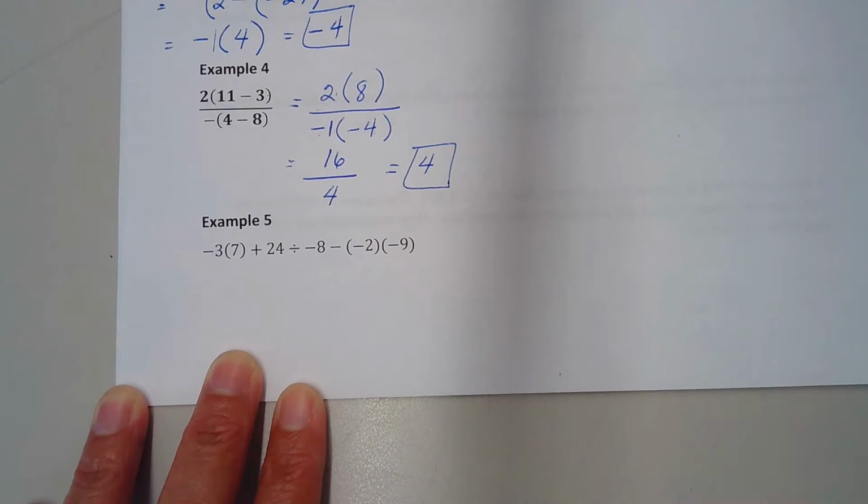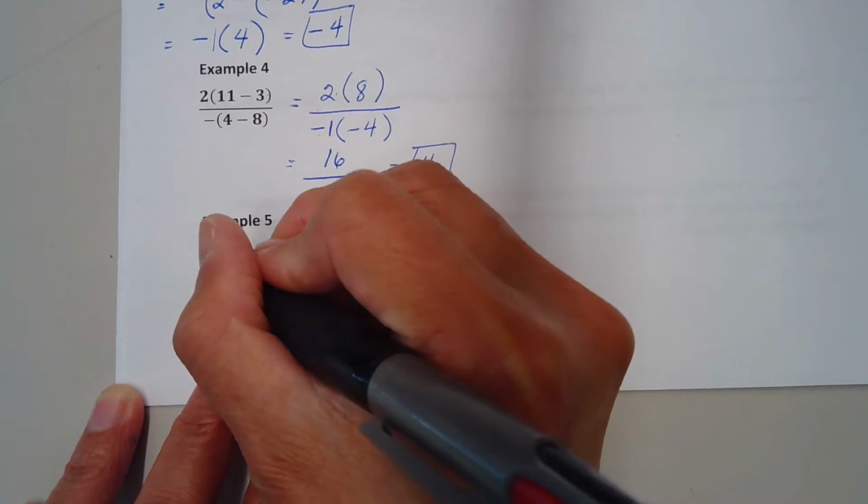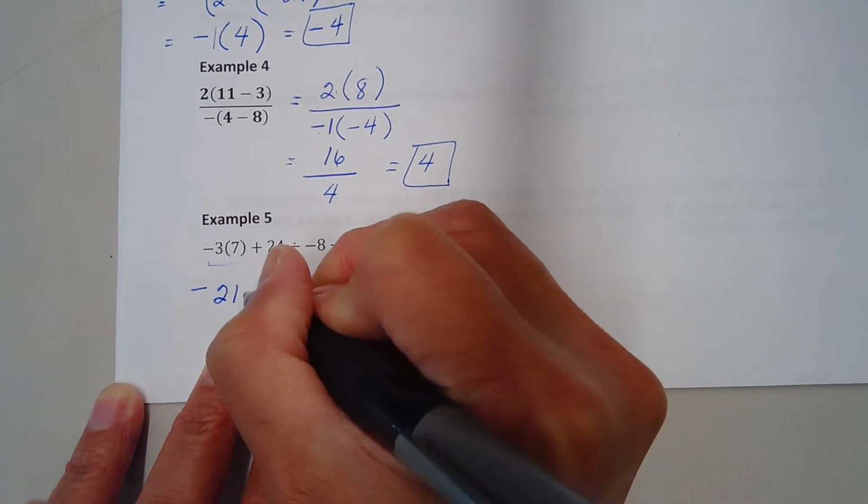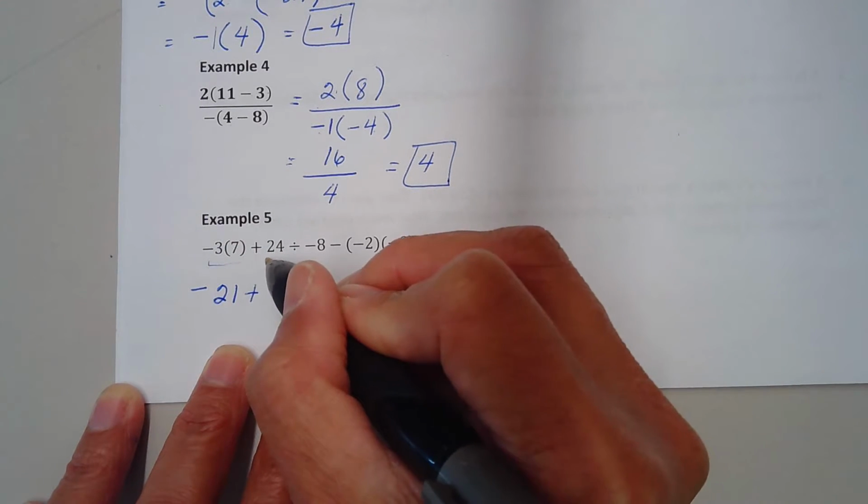So what's the next one? Minus 3 times 7. You can do the multiplication and division. So this is going to give us -21 plus this one in here.